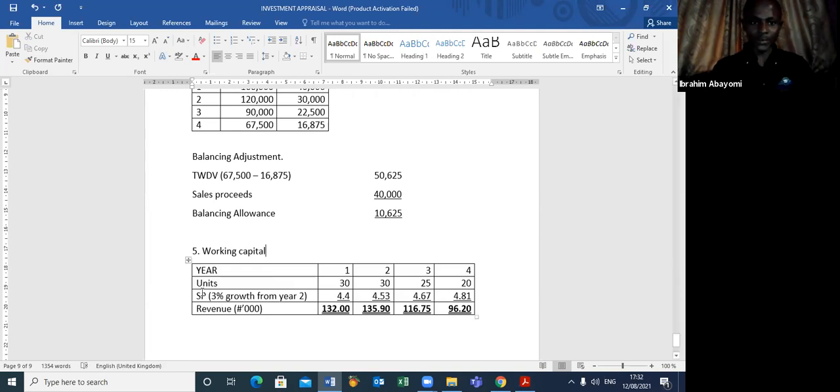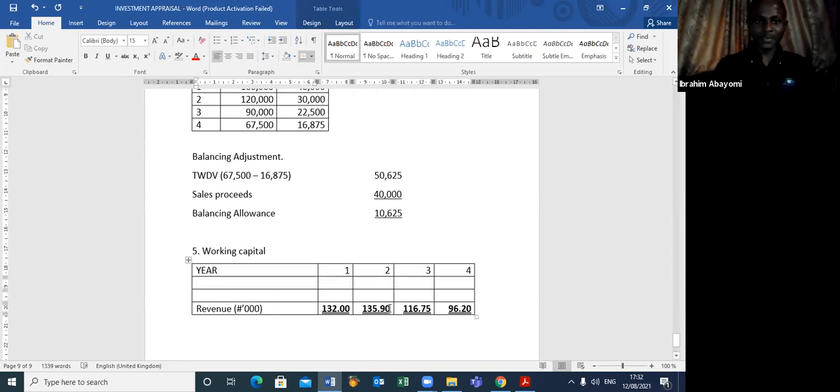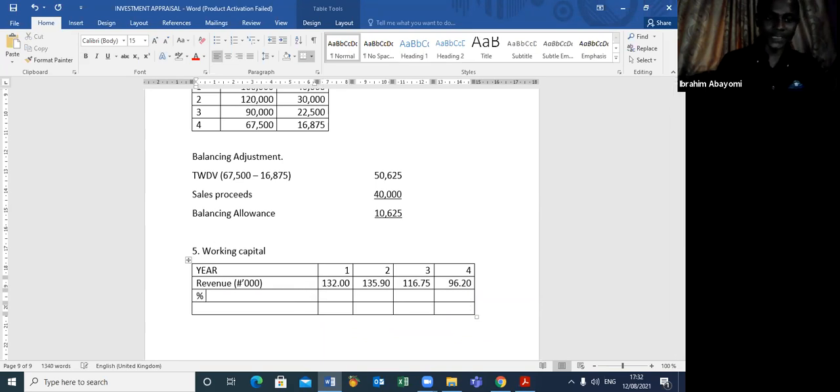So what will I do? I will remove all this. I bring in my revenue. So I remove this underline and bold. So the percentage of working capital is 10%.